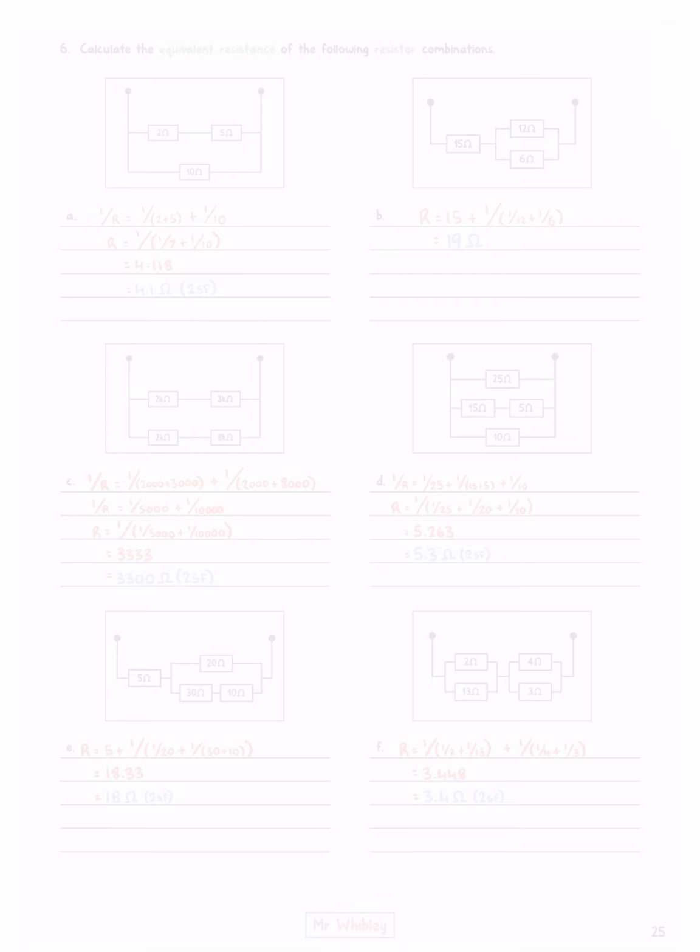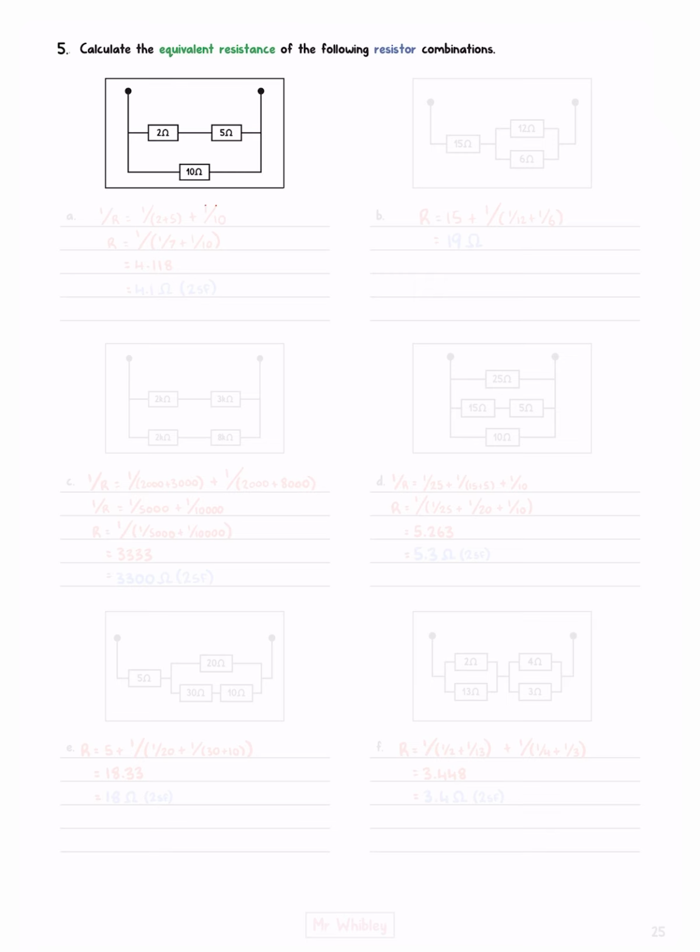Question 5. Calculate the equivalent resistance of the following resistor combinations. We have a 2 ohm and a 5 ohm resistor in series with each other, in parallel with a 10 ohm resistor.